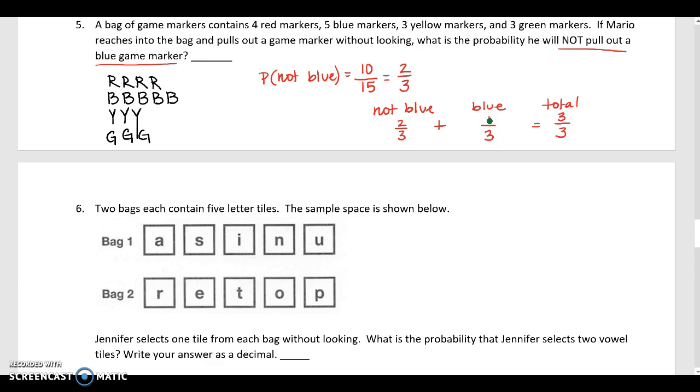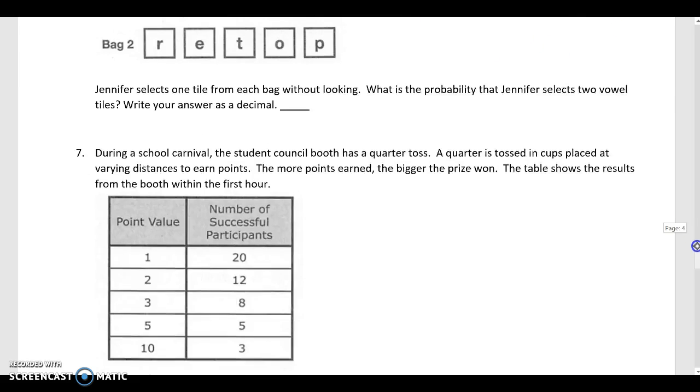So blue would be 1 out of 3. But there's 15 marbles. So 1 out of 3 is how many out of 15? So 3 times 5 is 15. 1 times 5 is 5. So 5 out of 15. So 5 blue. So that's right. So the probability of not blue is 2 out of 3.